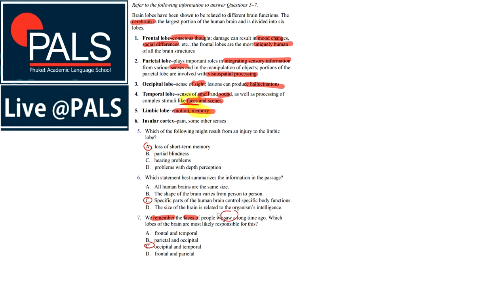So to be able to process faces, we have to see them, and the occipital lobe has to do with the sense of sight. So therefore I would go for C in this question. Makes most sense, I guess.